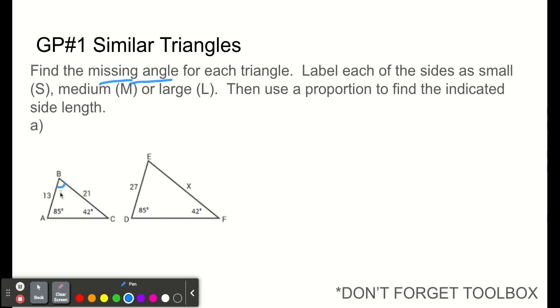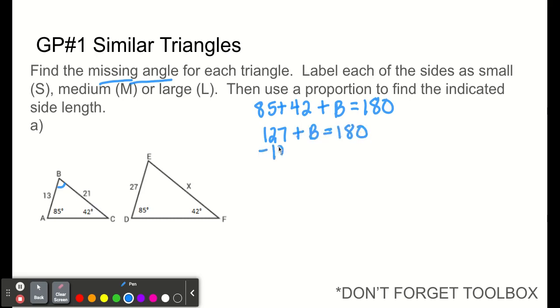So to find angle B here, we're going to do 85 plus 42 plus B is equal to 180 degrees. So we combine our like terms. 85 and 42 are going to add up to 127. We will subtract 127 on both sides.